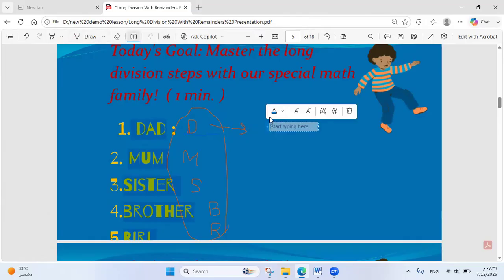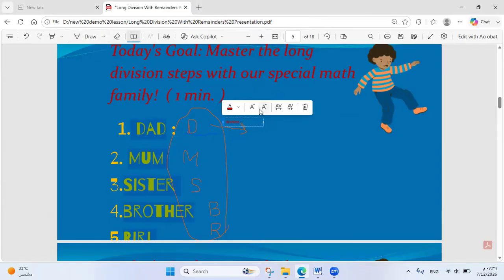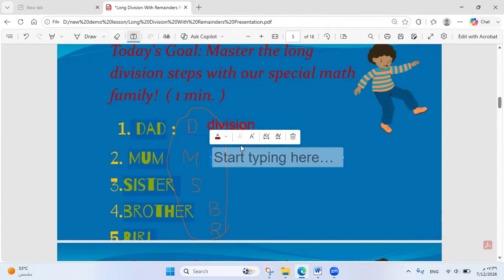And M for multiplying. The second step, we do multiplying.